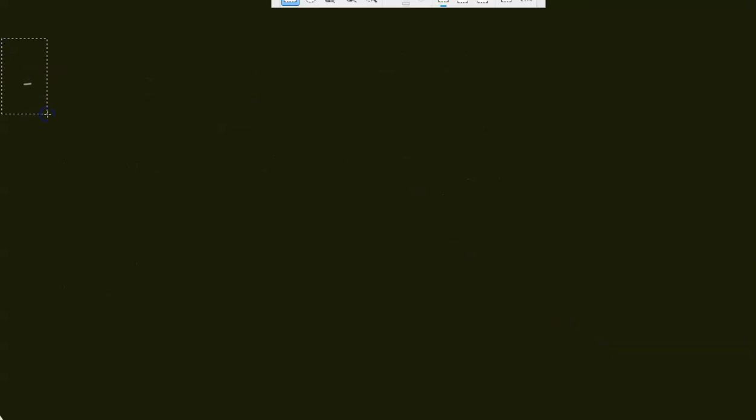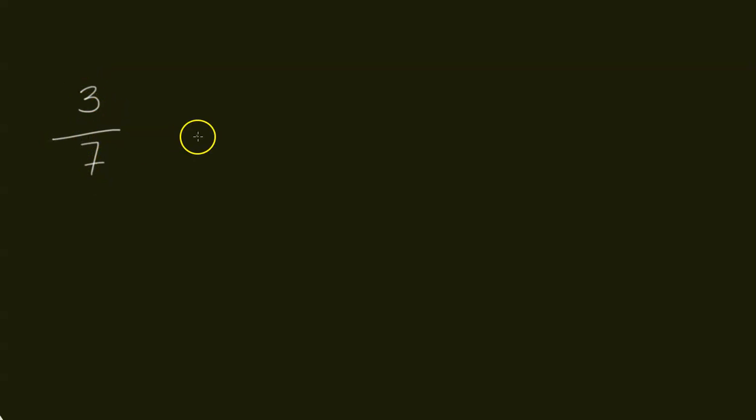All right, we'll try this problem here. Three over 7 minus 2 over 5, right? Can we subtract these? No, they do not have a common denominator.